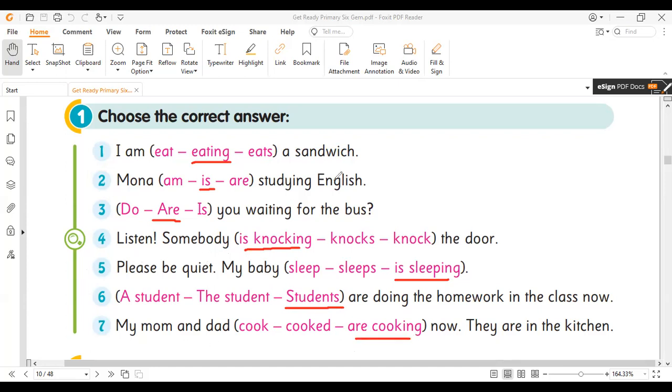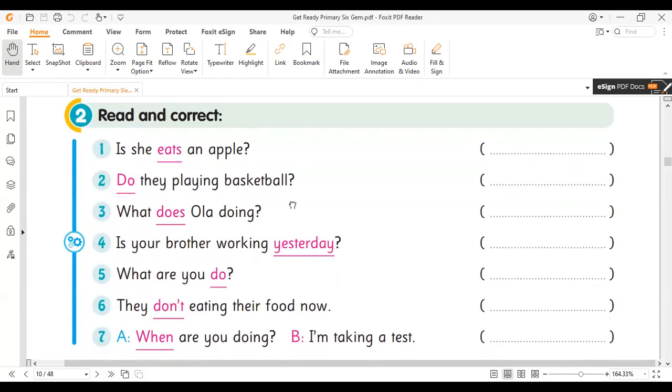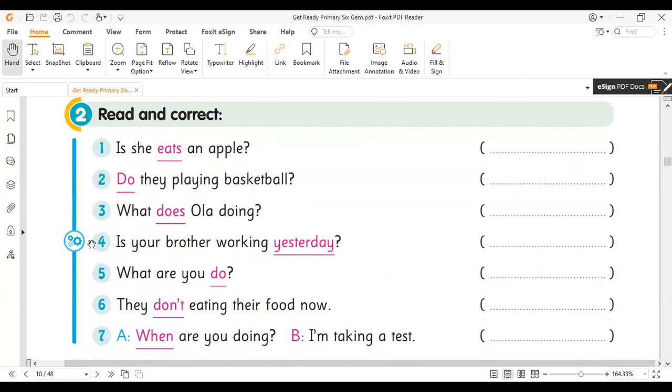They are in the kitchen. Okay, excellent. The next, Sarah, read and correct. Is she eats an apple? Is she eating? Yeah, right. Eating, the gerund.